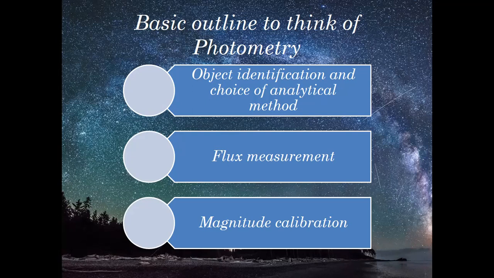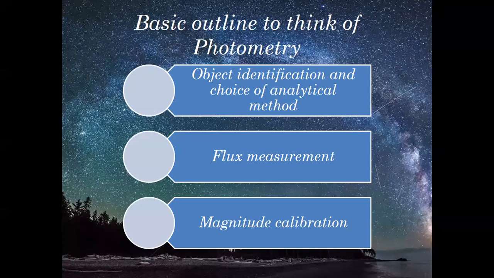So if you have stars which are quite separated, at longer distances from each other, you can easily use the stellar photometry, or what we call aperture photometry. But when there are various stars separated at very small distances, or when the stars are crowded in a particular image, then you go for PSF, that is the point source fitting method.